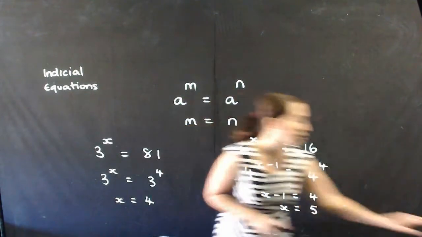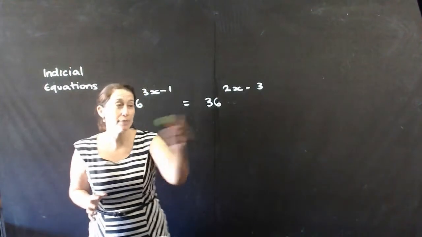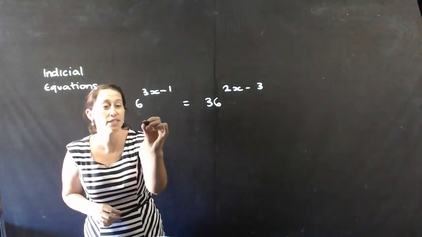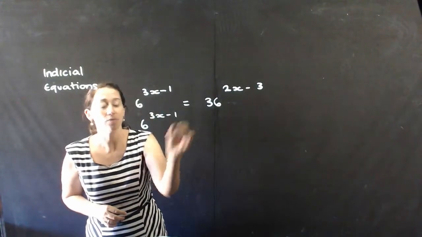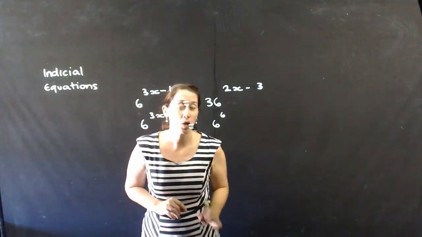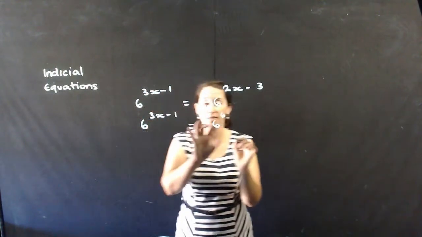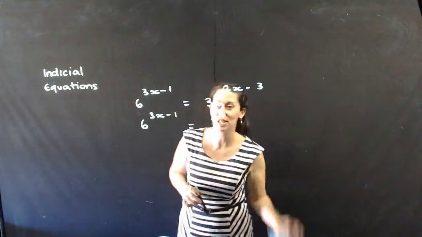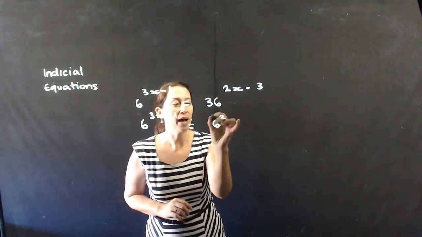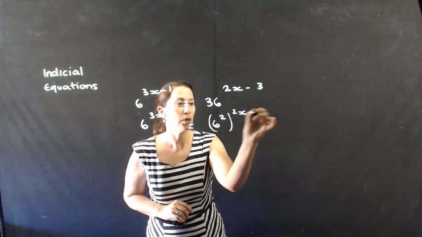Let me clear some space. Again, this one's no different really, because we've just got 36 that can be written as a base of 6. Because I'm dealing with algebraic expressions as the power, I've got to use my laws of indices here. So I've written 36 as 6 squared, to the power 2x minus 3.